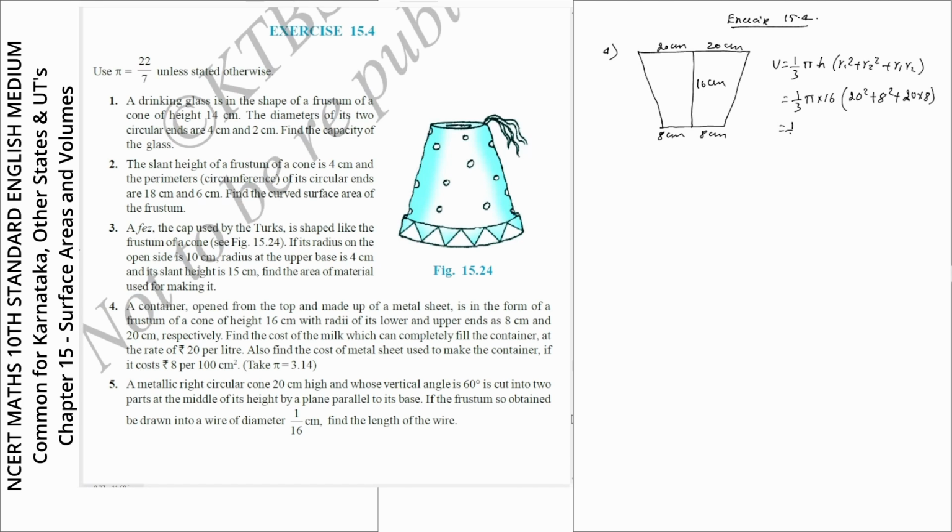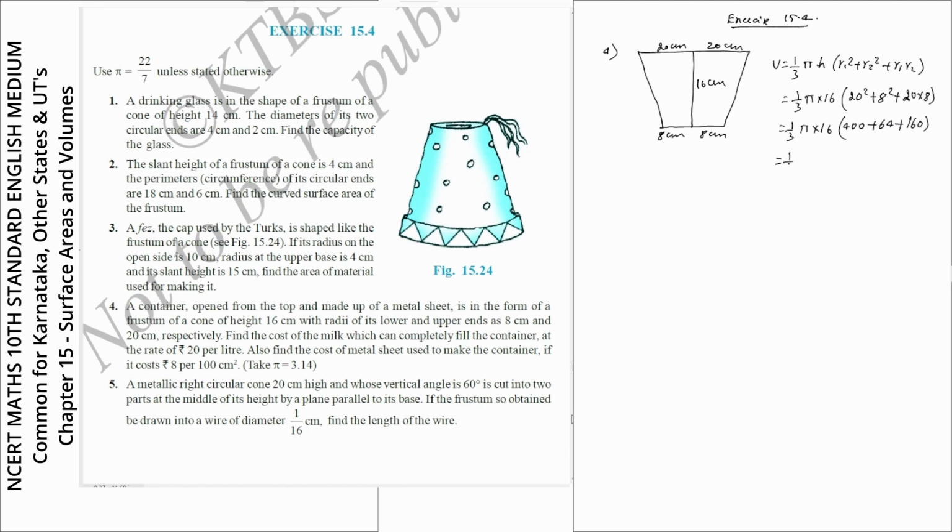So this is equal to 1 by 3 into pi into 16. So 20 square is 400, plus 8 8s are 64, plus 2 8s are 16, so 160.